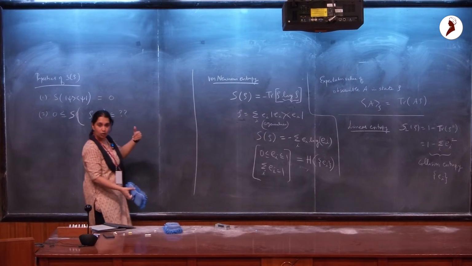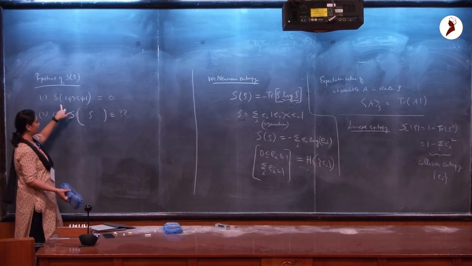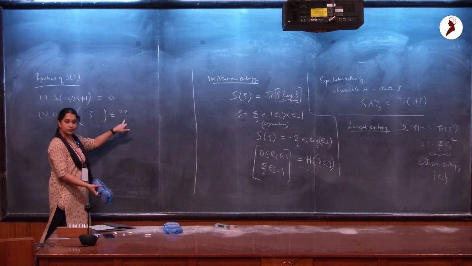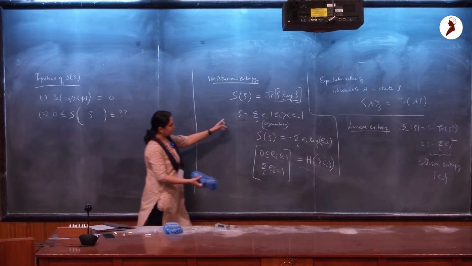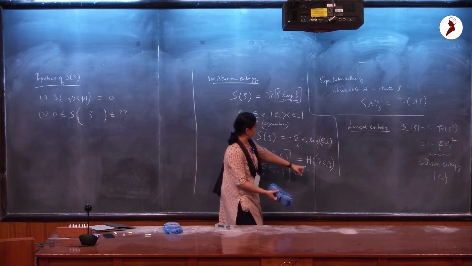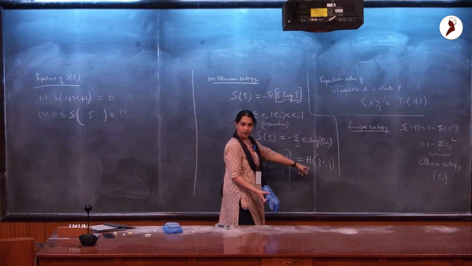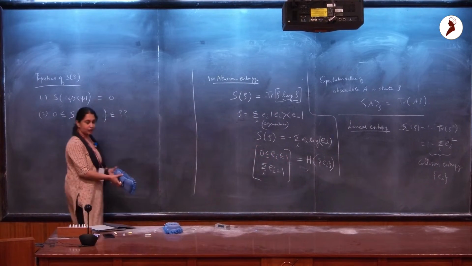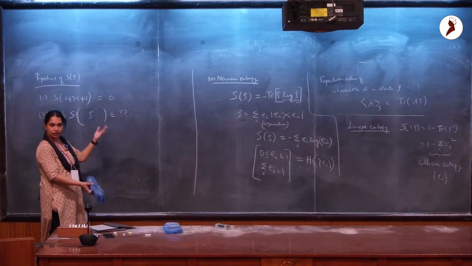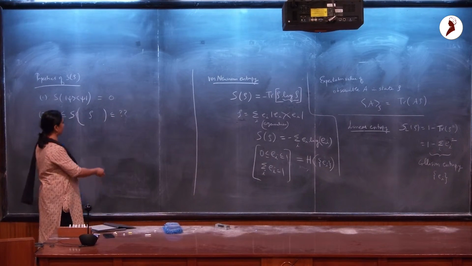And the lower bound, which is 0, is attained for pure states. So what is the maximum value? Since this is the Shannon entropy of the eigenvalue distribution, you expect that this should be log D for a density matrix on a d-dimensional system.